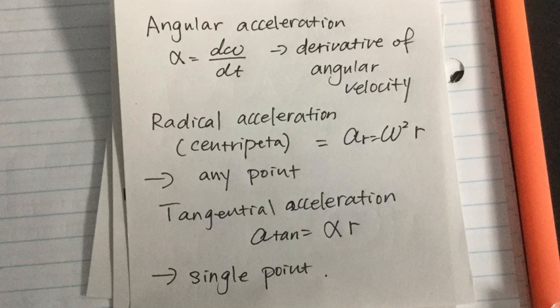And radial acceleration equals omega squared times radius. A represents any point in this object, and the acceleration of this point.